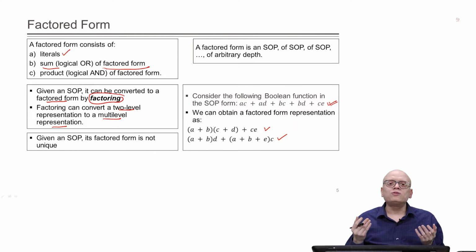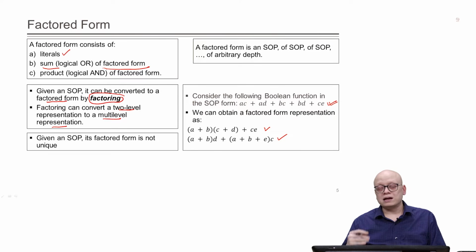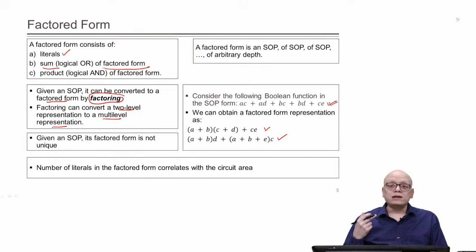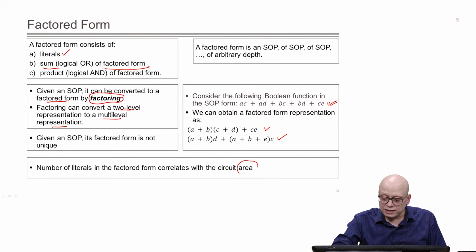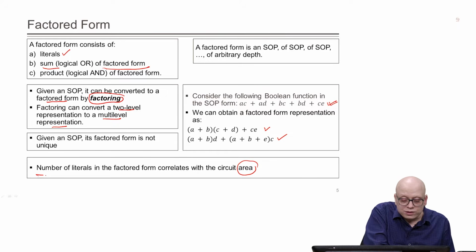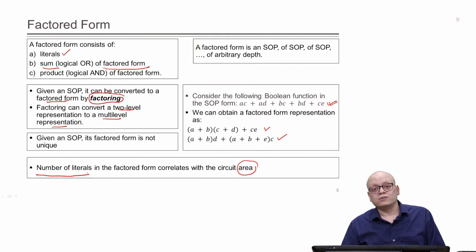Now, which of the factored forms is good for us, right? So we have to measure some characteristics or figures of merit of a Boolean function represented in factored form. So we can quantify the area taken by a factored form by counting the number of literals in the factored form, right.